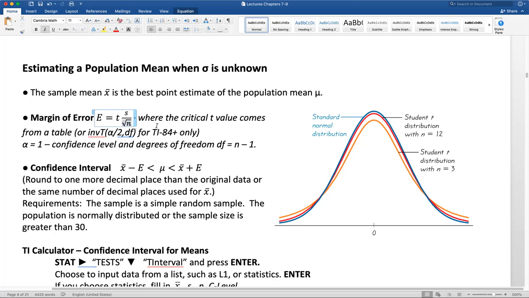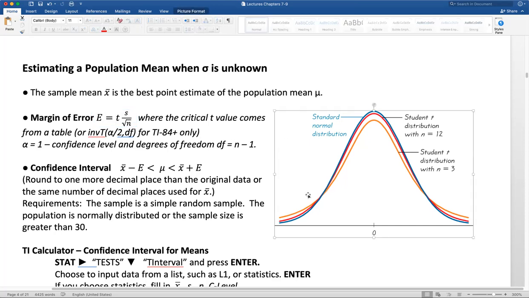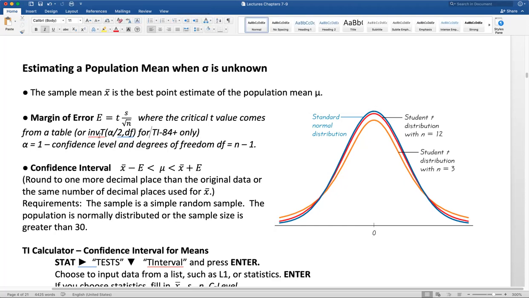Now t is the t value from the standard t distribution. The t distribution has a shape similar to the normal distribution, actually the standard normal distribution.